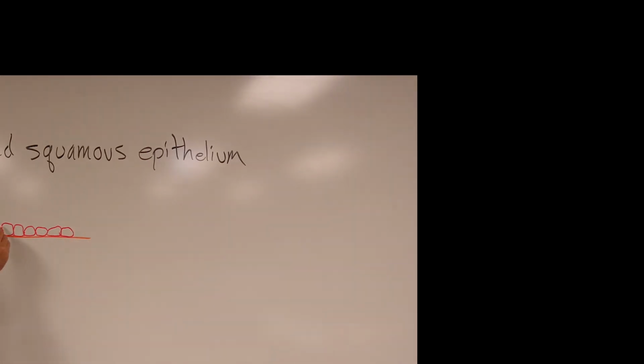So somewhat irregular in shape, and then the next layer up, and then the next layer up. And as we move toward the surface, they become more and more flattened.